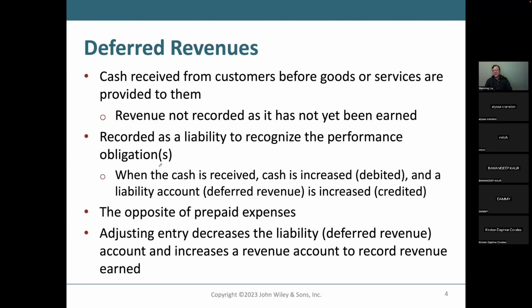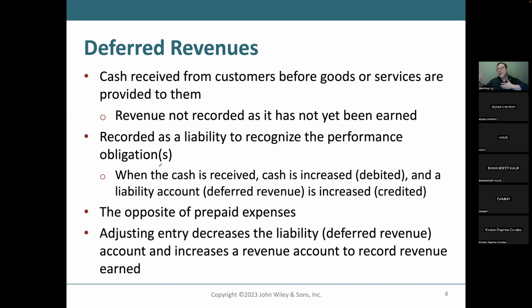Deferred revenue. This is the other side of the same story. Here, this company is paying money to another company, but they haven't received the service. So for this company, it's a prepaid. What about the other company? The other company also needed to record entries, right?